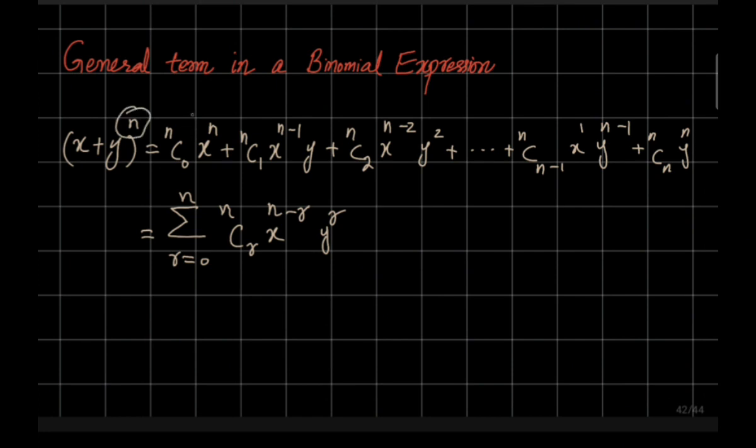You can see nC0 is the first term, nC1 is the second term, and nC2 is the third. In the same pattern, nC3 is the fourth term. Similarly, this is the nth term and this is the (n + 1)th term. So there are n + 1 terms in the binomial expansion.